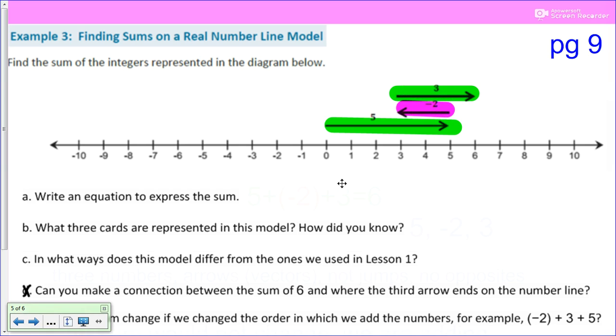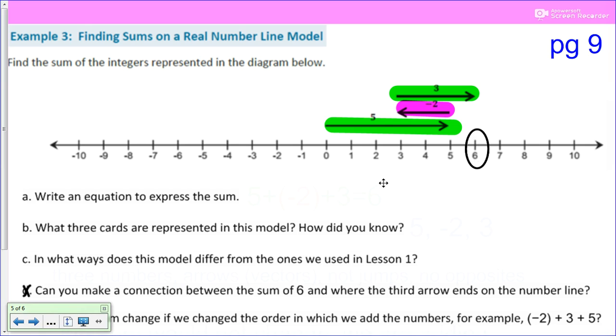And from there we need to write an equation to express the sum. But if you look at this, we don't really know where it ends because they forgot one step. They forgot to circle that final number. Okay? So we're going to go ahead and circle the number 6 to show that that is where our last vector or arrow ends, and therefore we know we're done with the problem.